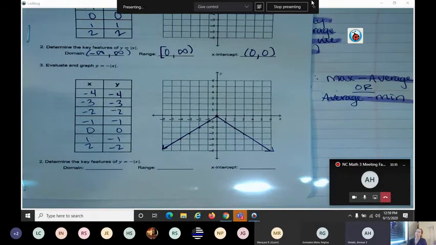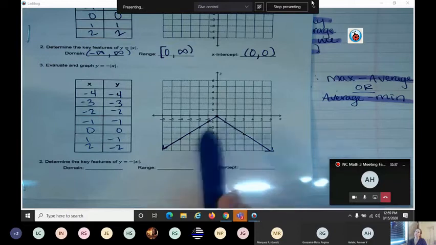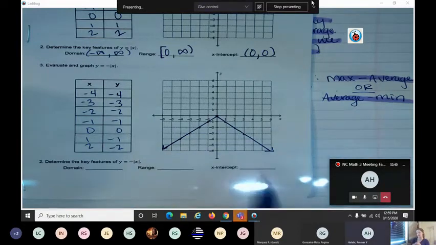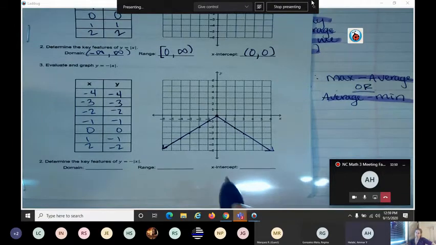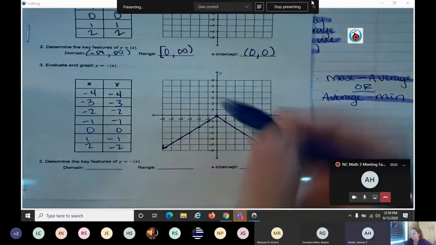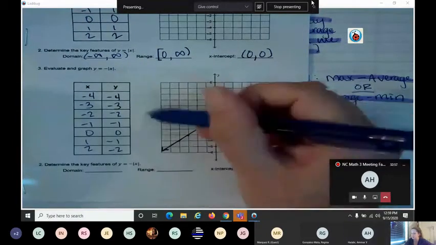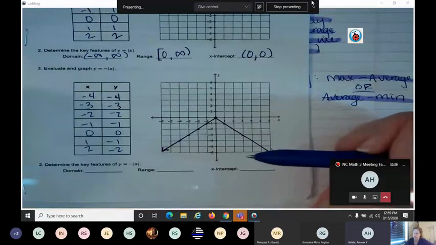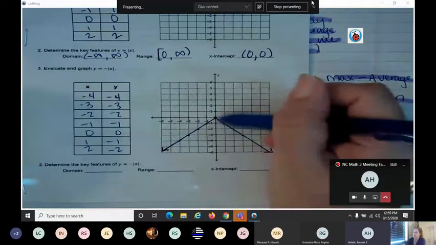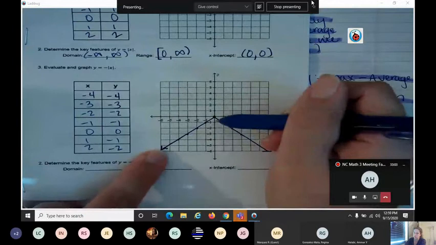Yes. So what's the domain for this? What's the farthest left and the farthest right it goes? The minus 5. So you said -5, but it's got an arrow. It's going to keep going even if there was like a -6 there. It's 0. Well, 0 is all the way over here, but it goes over here. 3.